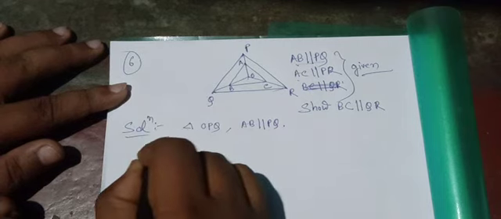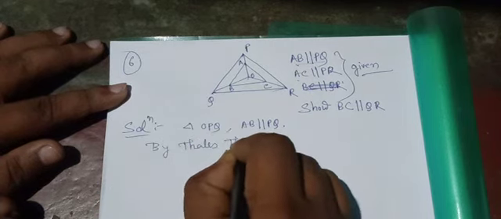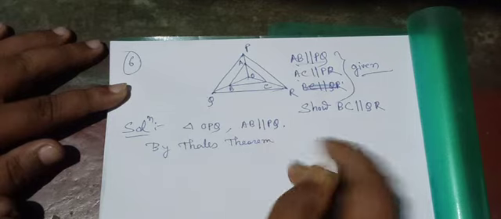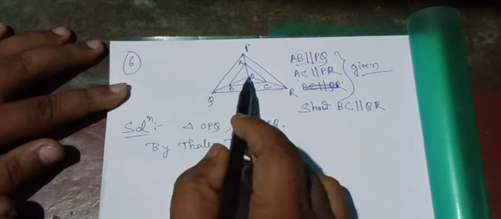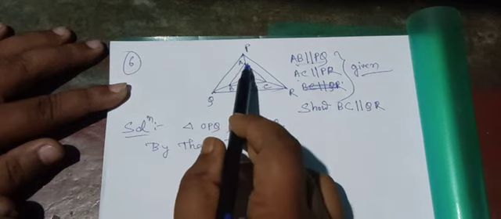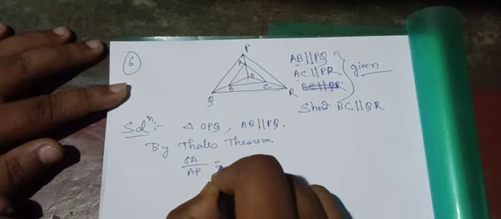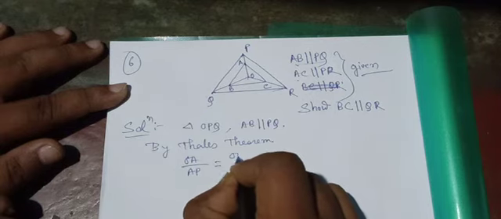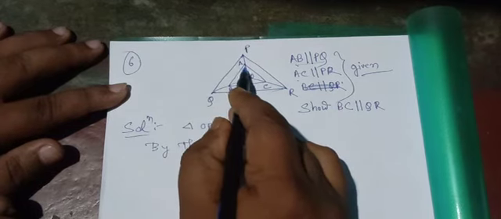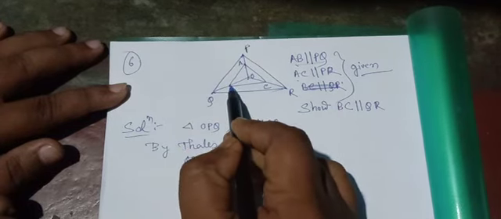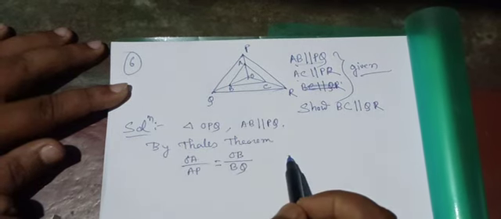So by Thales theorem, we can write that OA by AP equals OB by BQ.